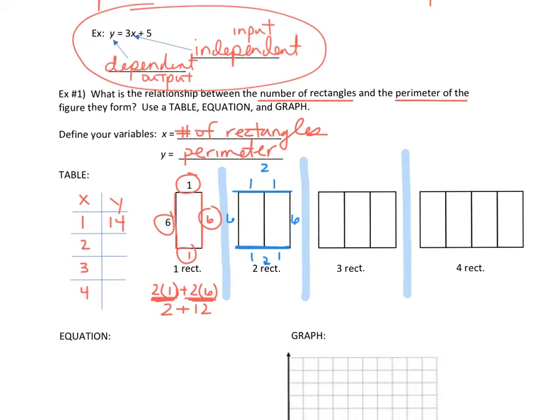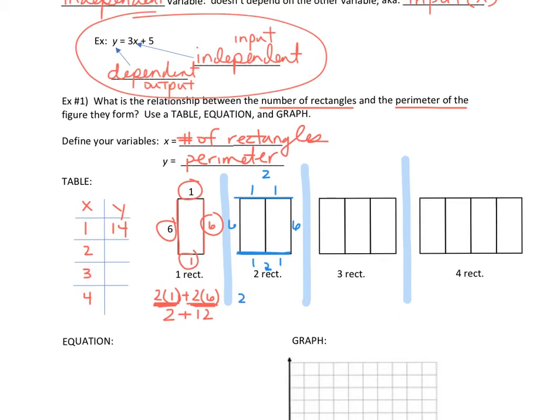So we're going to say we have 2 2s. Right? That's our 4 1s. And we still have the 2 6s. What does that add up to? 16. 16. 4 plus 12. Okay, so that's 16.